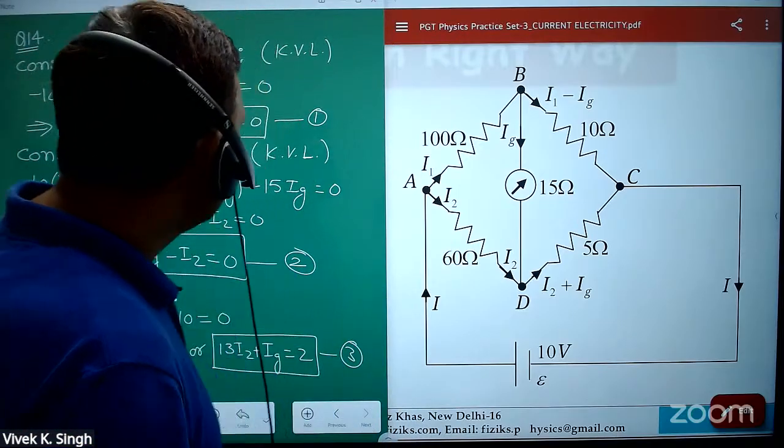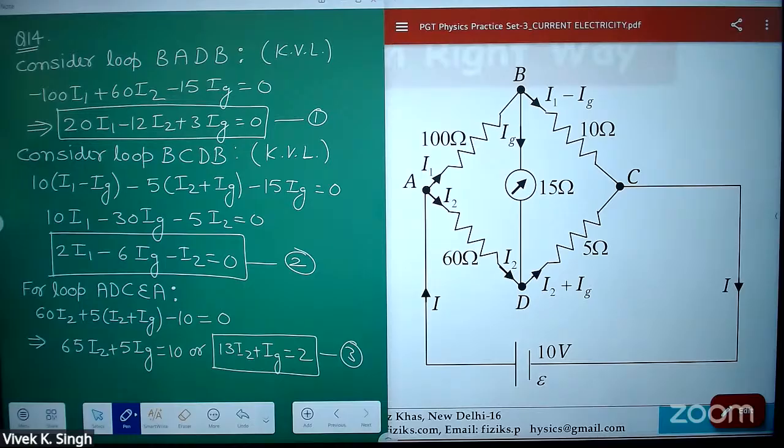Now from these three equations, we have to find IG. We have to solve for IG. So if you consider these three equations, you can solve for IG and then for I1 and I2.